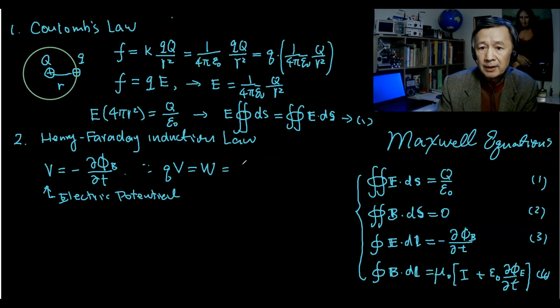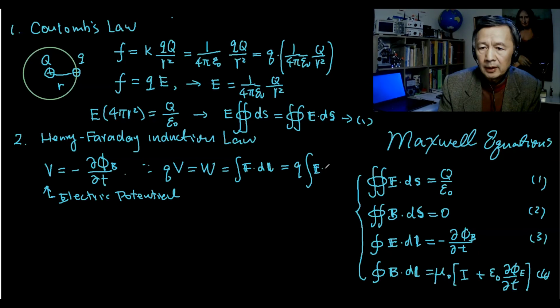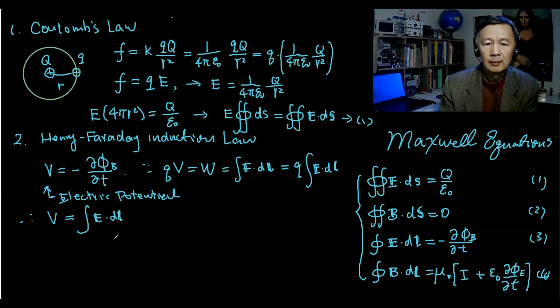The work done can be simply written as the integral of F dot dl. Now, F can be written as Q times E, so the electrical potential can be rewritten as V equal to the integral of E dot dl.